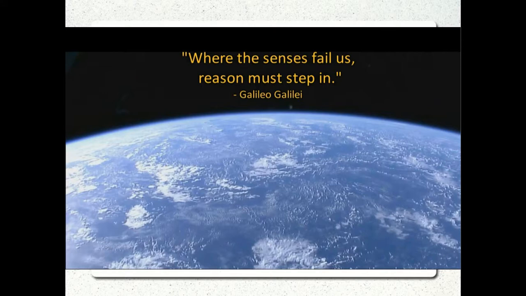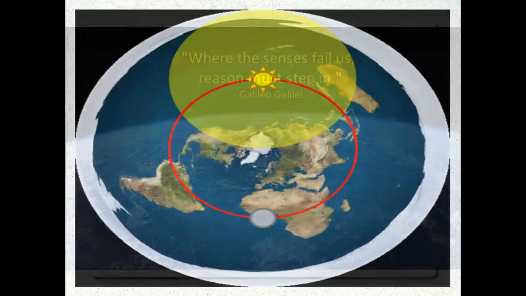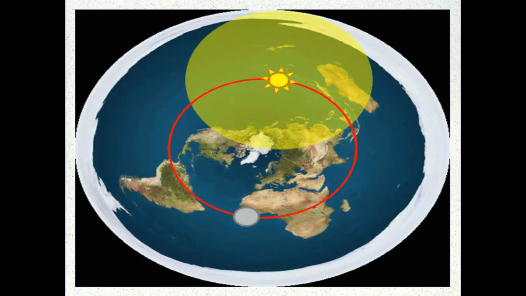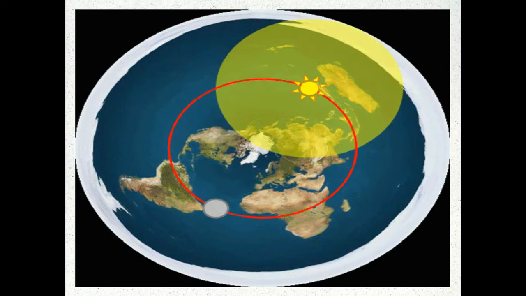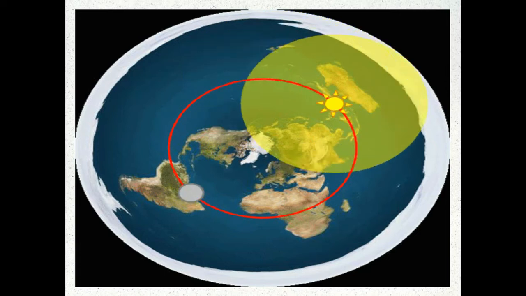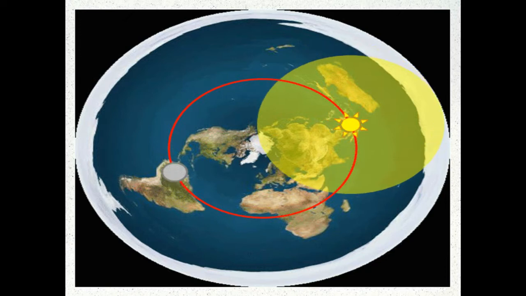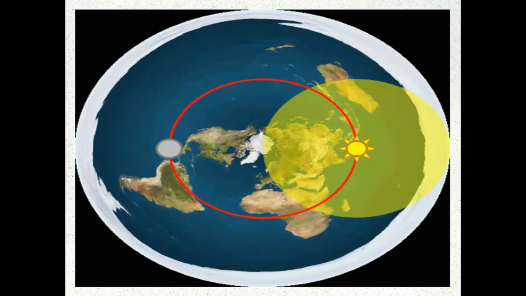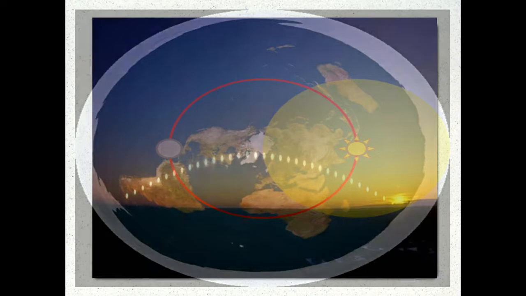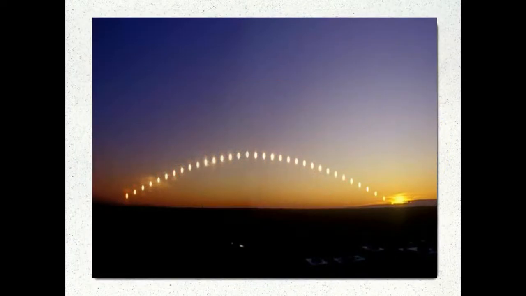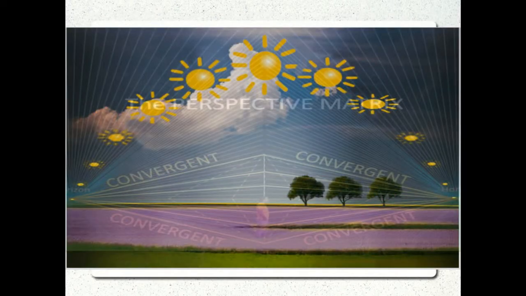We think we're on a flat disk, but even the ancients figured it out. They thought this was right, and then they saw the problems, and they went, wait a minute, and they did the math. Here's a representation from a flat Earth person showing, and this.